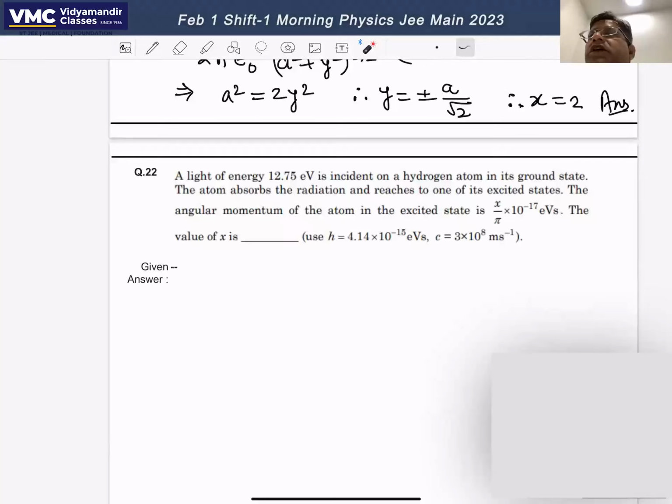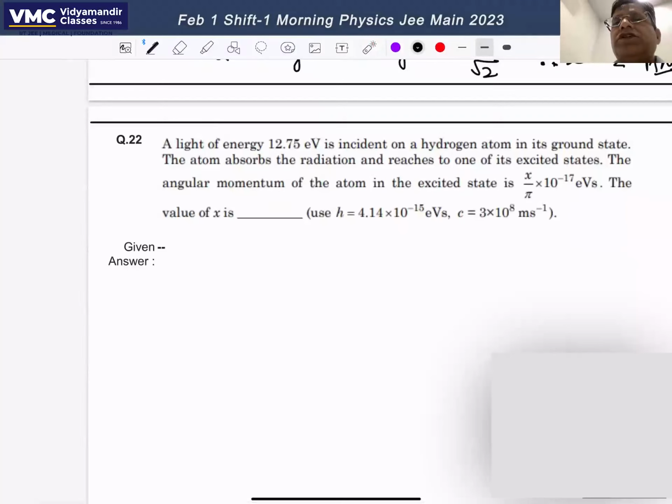The angular momentum of the atom in the excited state is x upon pi into 10 power minus 17 electron volt second. The value of x is, use h, the Planck constant, equal to 4.14 into 10 power minus 15 electron volt second, and speed of light c equals 3 into 10 power 8 meter per second.